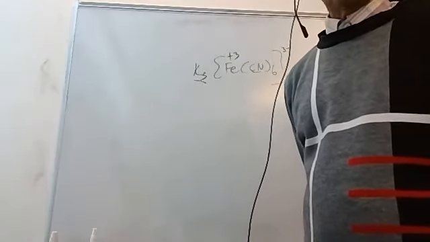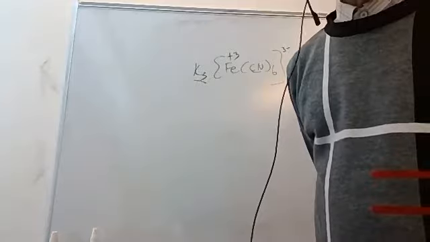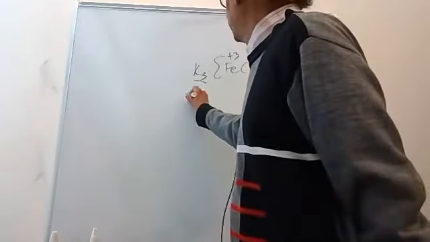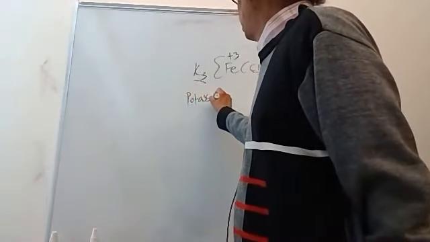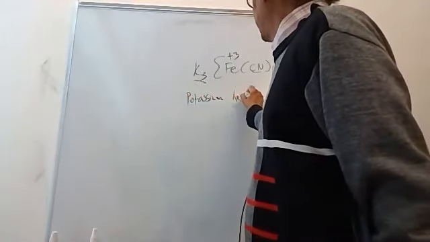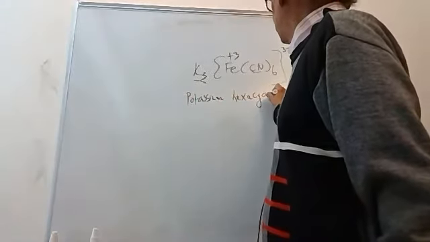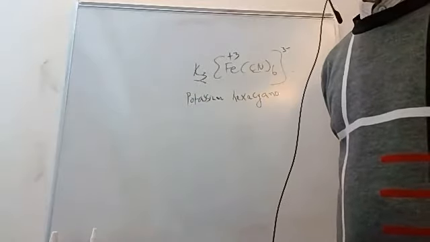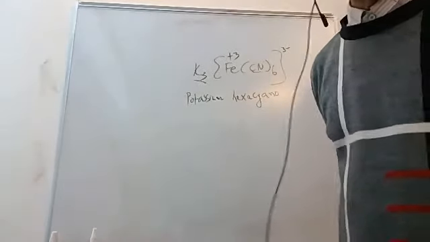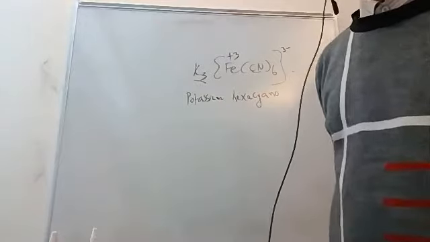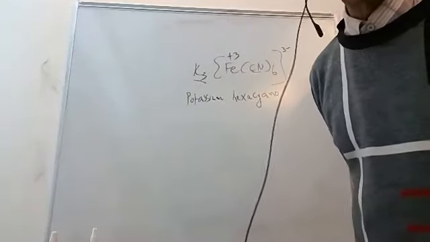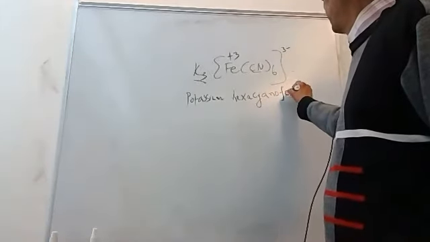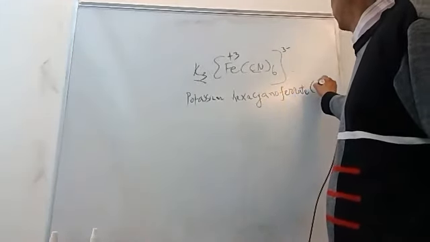You all know about ferrum, right? Ferrum is the actual Latin name for the iron. So we say this is potassium hexacyano. If it is cyanide, IDE goes into O. Chloride goes chloro. Bromide goes bromo. Iodide, IDE goes to O. So hexacyanoferrate 3.